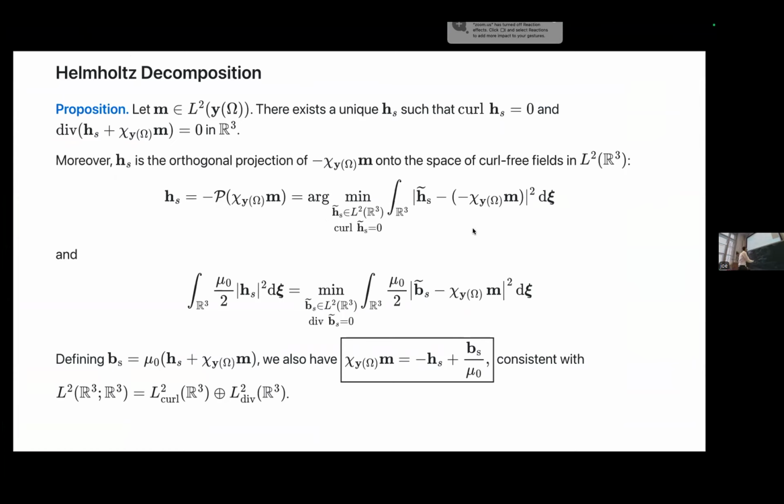Okay. So what I was saying is that the orthogonal complement of HS here is what I call in the slide B sub S over mu naught. So B sub S is the magnetic induction associated to the self-stray field.